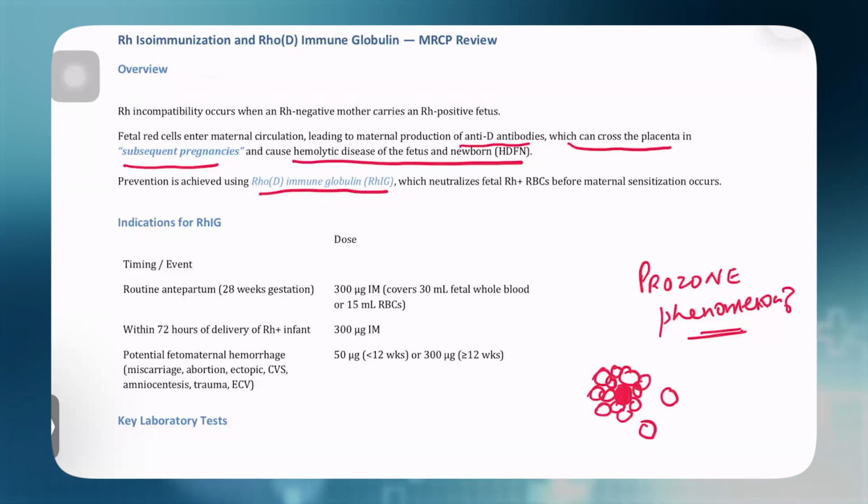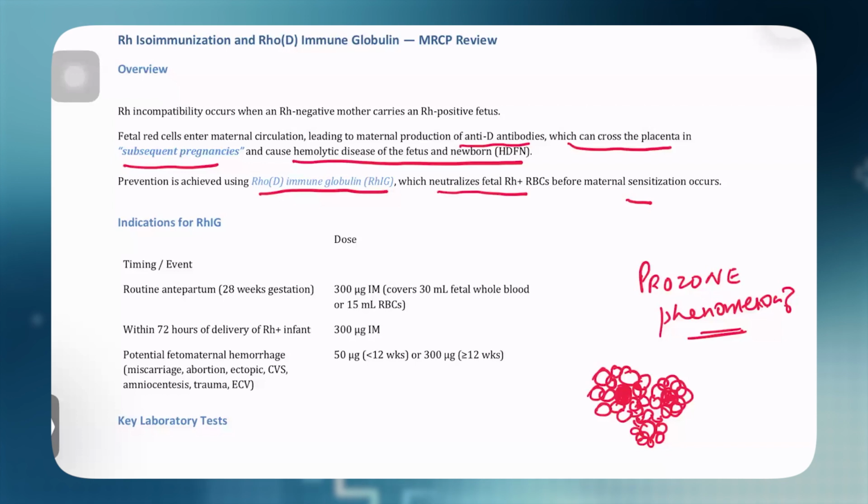So what you see here is that there are so many antibodies that they have completely covered the antigen, and the antigen is not available for being exposed to the maternal blood to produce the antibodies. So this is very important: you give immunoglobulin so much that it neutralizes the fetal Rh positive RBCs before the sensitization occurs.